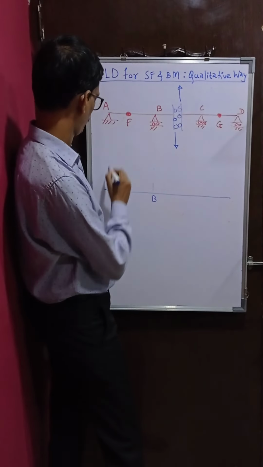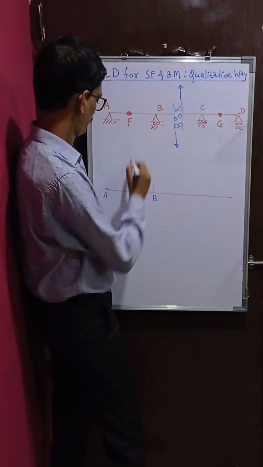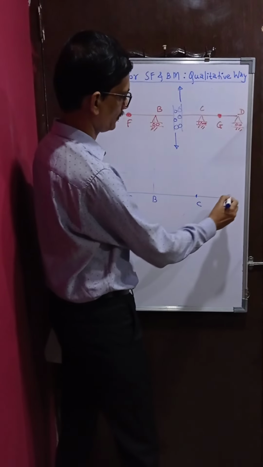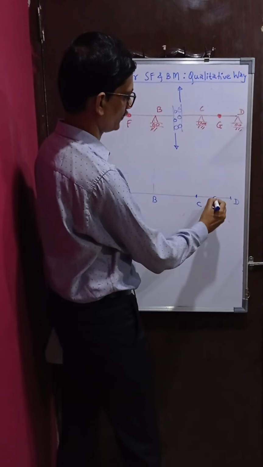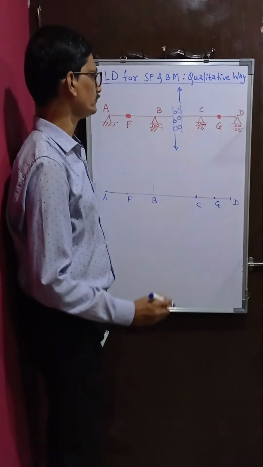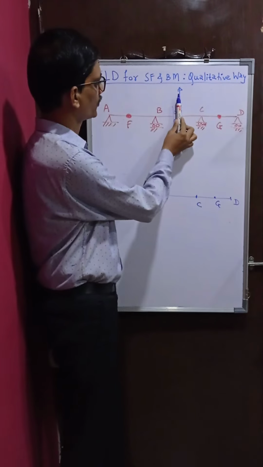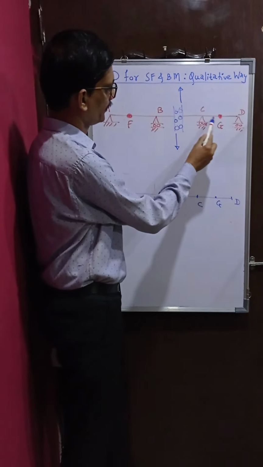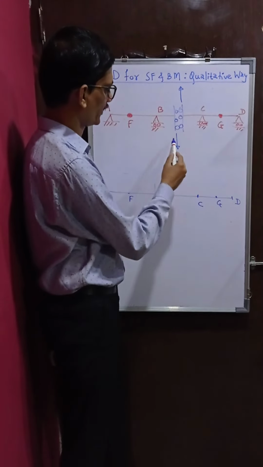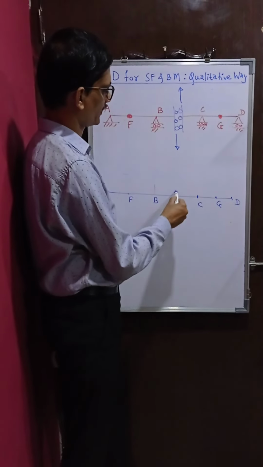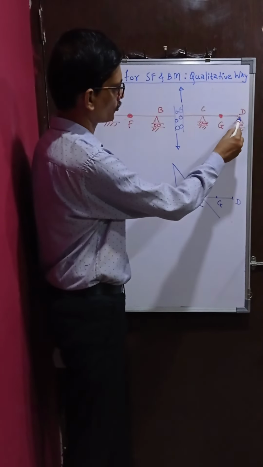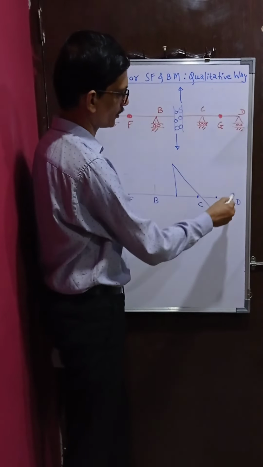So this is B, A, this is F, this is C, this is D, and this is G. Now, when I give displacement like this, here it can rotate because here there is an internal hinge. So that is possible. So it is like this. And here also it is a roller. So here it can rotate.